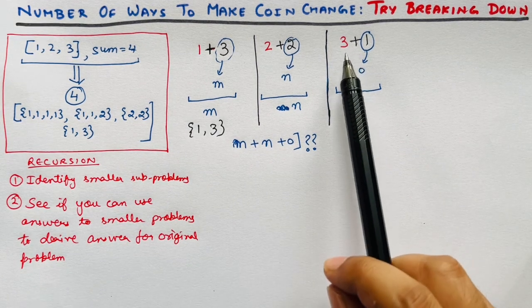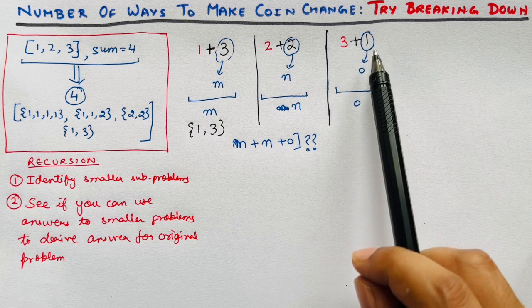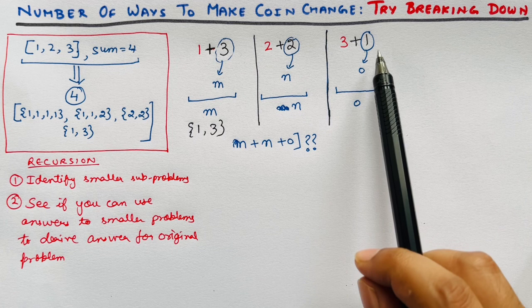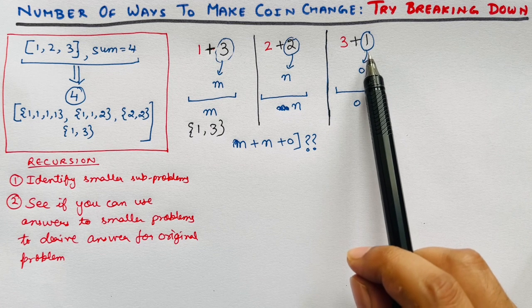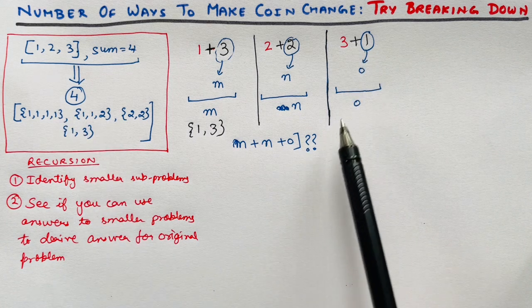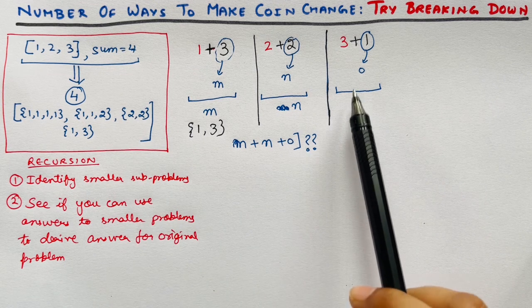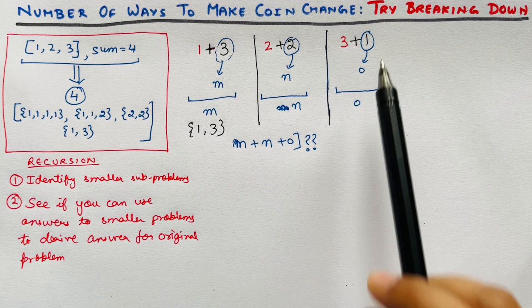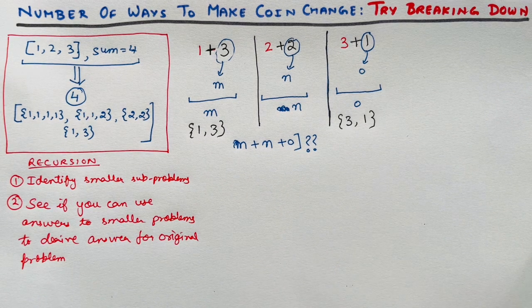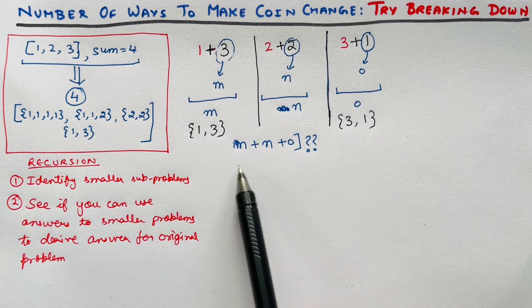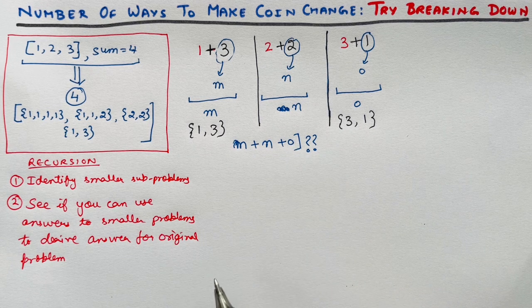Here we have already picked a 3 rupee coin and now we are looking for number of ways to make 1 rupee. Now one way of making rupee 1 is just picking up a 1 rupee coin. Therefore, one of the ways among these o ways will be picking up one 3 rupee coin and one 1 rupee coin. Now aren't these two ways same? But we will count them as different if we go through this path.